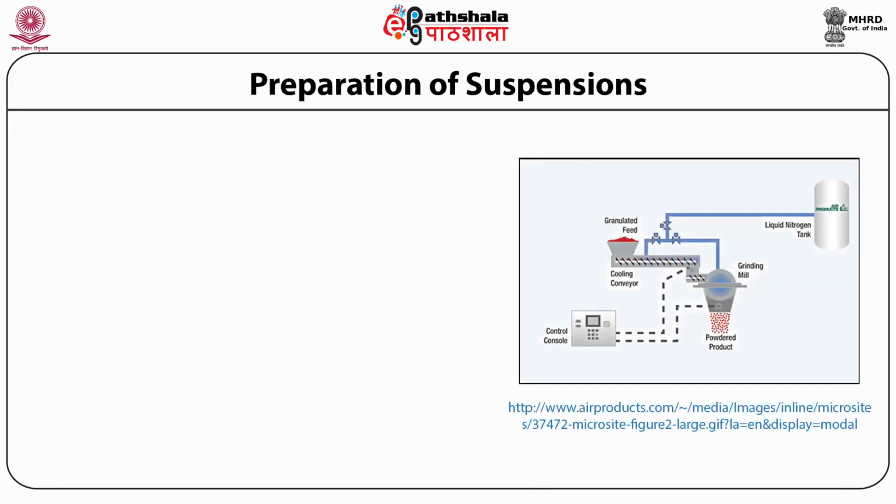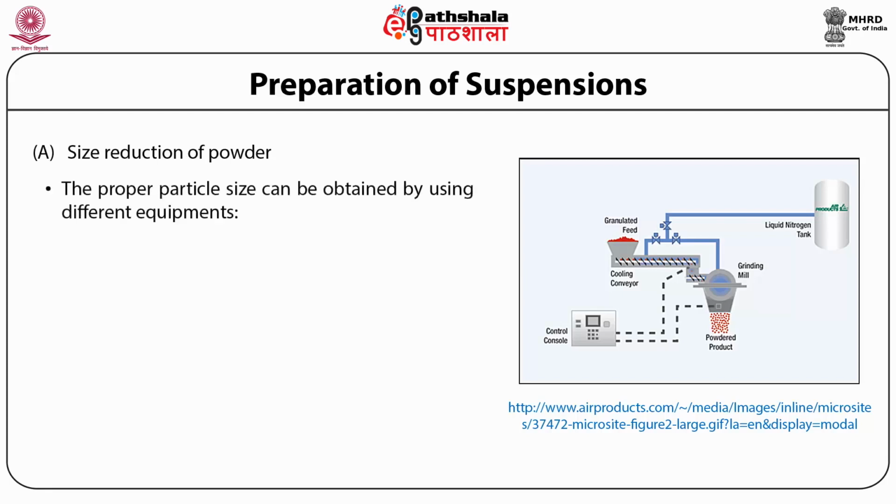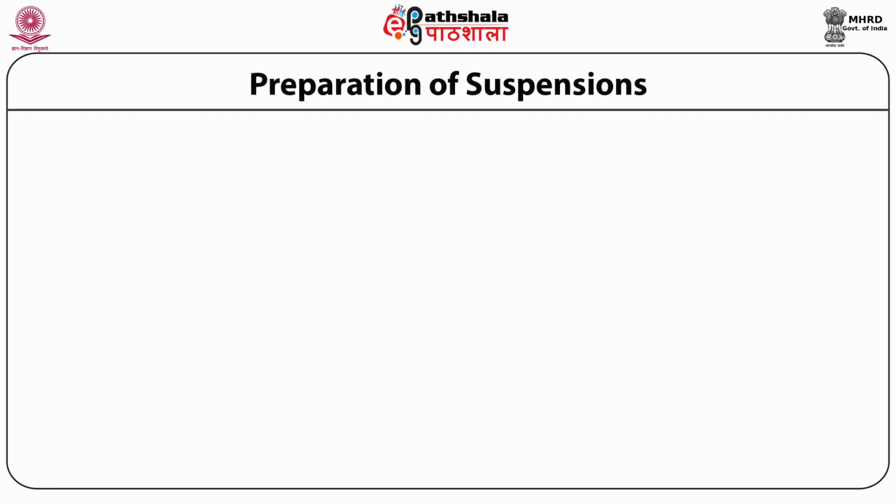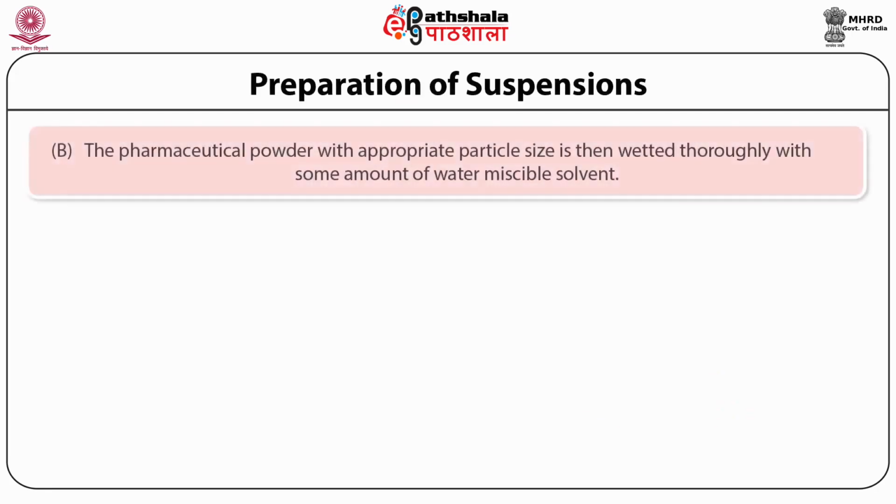This slide depicts the method of preparation of suspension. The first step is size reduction, which can be achieved by using different equipments like ball mill, hammer mill, etc. The second step is that the pharmaceutical powder with the appropriate particle size is wetted with some amount of the water miscible solvent.